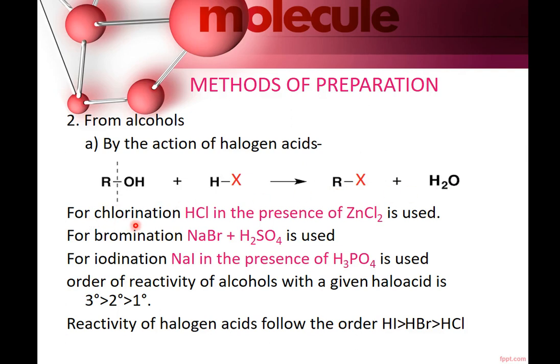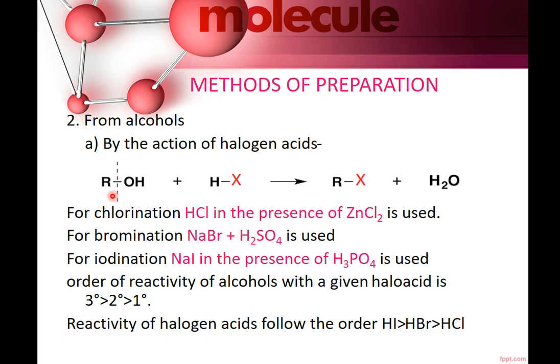If you want to do chlorination, you will have to take HCl in the presence of anhydrous zinc chloride. This is called Lucas reagent. For bromination, you will have to take HBr plus H2SO4. By the reaction of these, HBr will be formed.